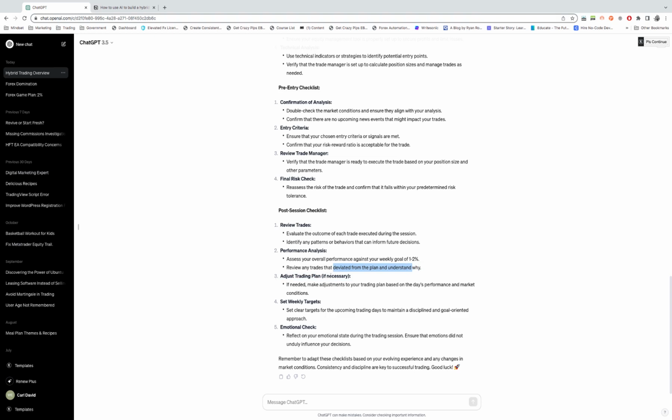Step 3, adjust the trading plan if necessary. If needed, make adjustments to my trading plan based on the day's performance and market conditions, and then set weekly targets. Set clear targets for the upcoming trading days to maintain a disciplined and goal-oriented approach. Emotional check. Reflect on your emotional state during each trading session. Ensure that the emotions did not influence my decisions.